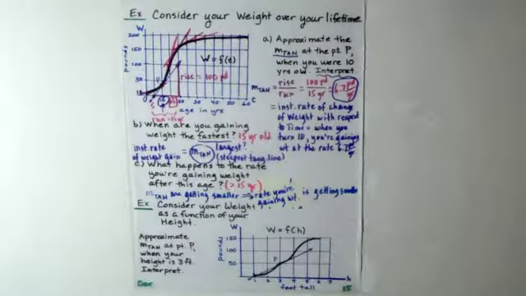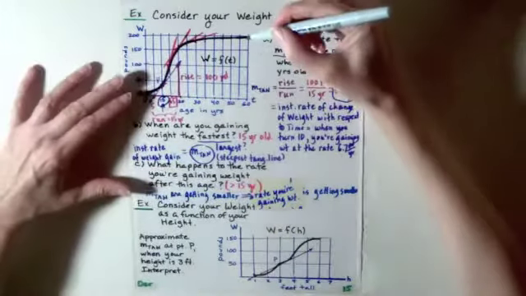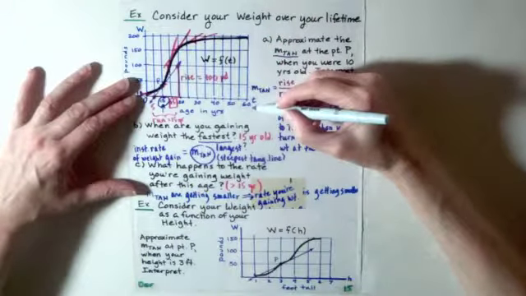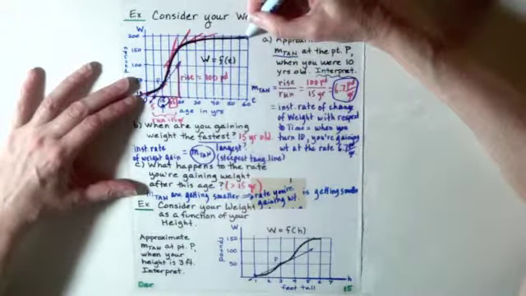One last thing I want us to consider before we leave this example is what would happen if I extended this graph past the age of 60 years. Suppose that I extended it in a way that the black curve started to come down.